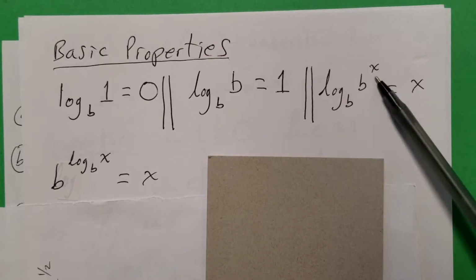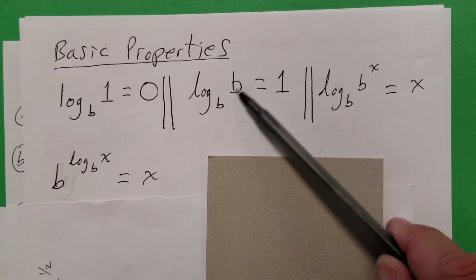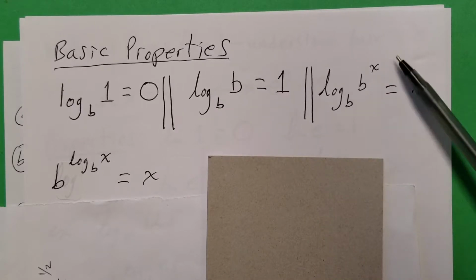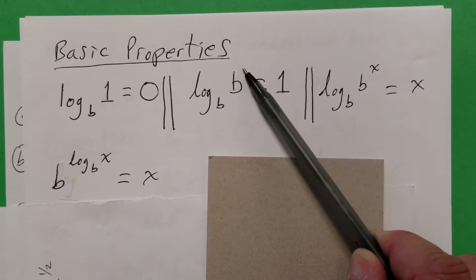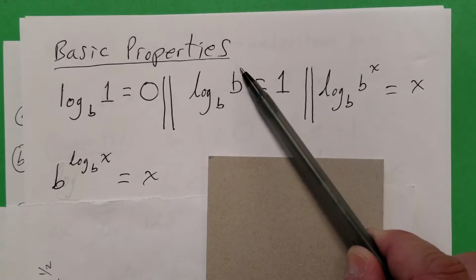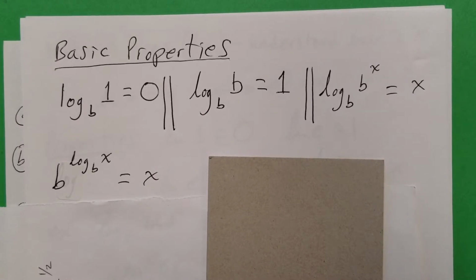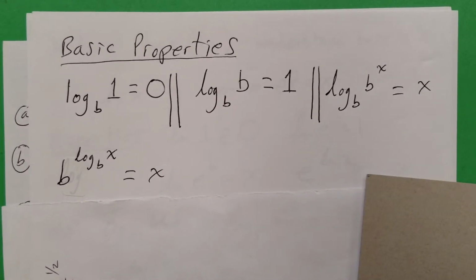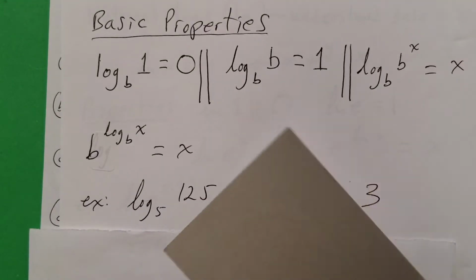So basically what I was saying here is if these numbers match, just like here, they cancel and you're left with the power. Same thing here. You have a power of 1, it's invisible. So this all cancels and you're left with 1. This all cancels, you're left with 1, and 1 times x is x. Okay? All right.